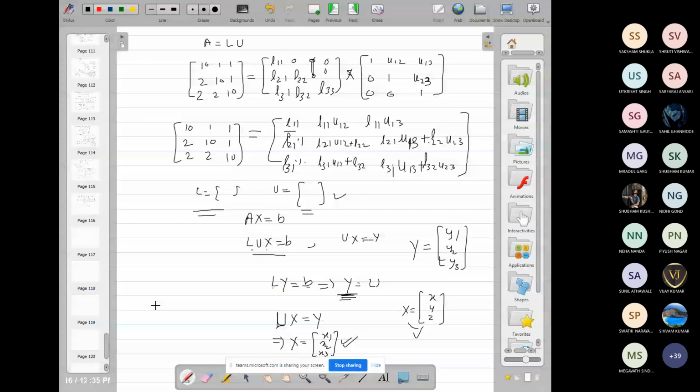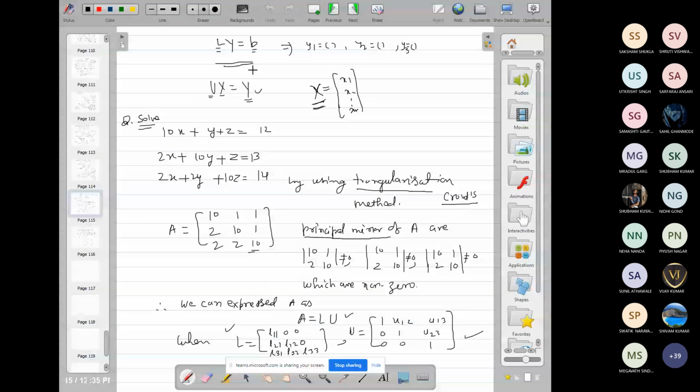Now solve this yourself. This is the process. If it is not written as Crout's method, just written using the triangulation method, then you can take here L11 L22 L33 equal to 1, and here then we need to consider U11 U22 U33 and then solve the system here.